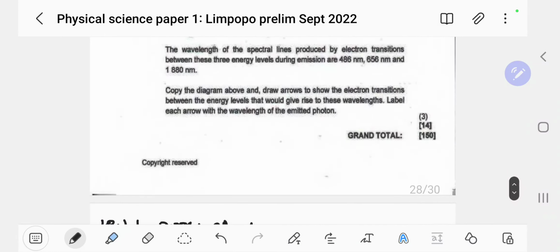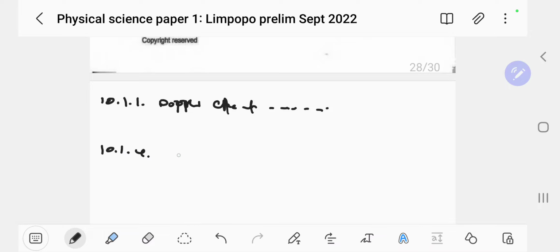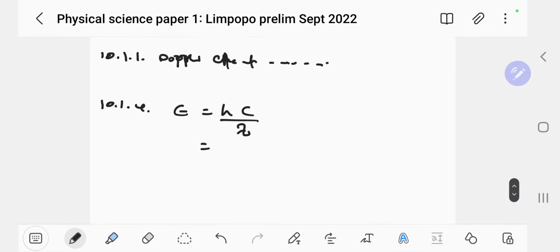So I'm jumping around to try and save time. We know first of all the energy of a photon is going to be equal to Planck's constant multiplied by the speed of light in a vacuum divided by the wavelength, because that's what they gave us. We don't have the frequency.